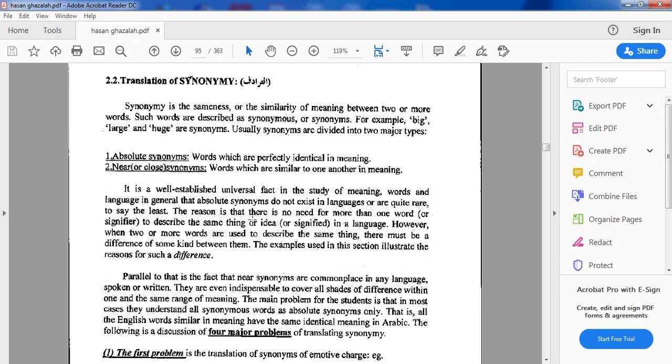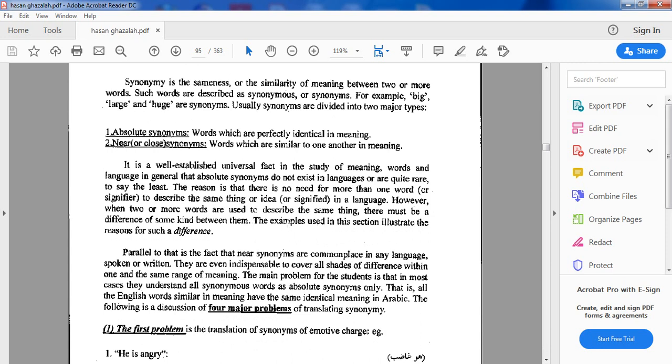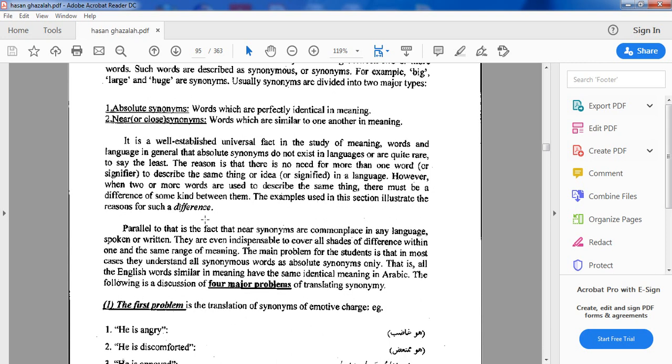So the author here, to identify the main problem with synonymy, gives a list of sentences. The following is a discussion of 4 major problems within translating synonymy, as we will see now.